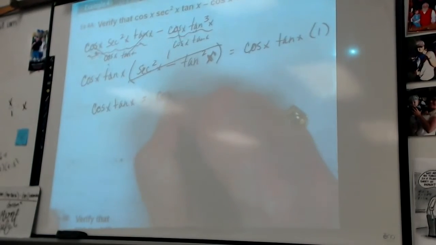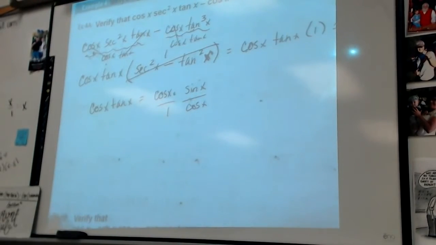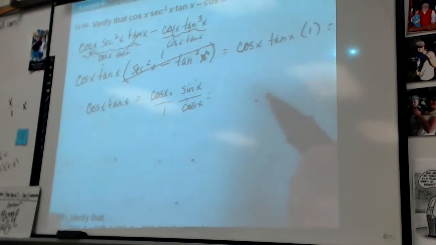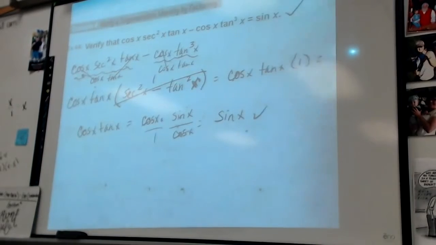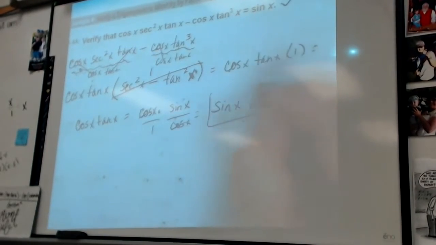So we have cosine x times sine x over cosine x. So we're multiplying, so these 2 cancel out, and what do I have left? Sine x, which is what I should have gotten.